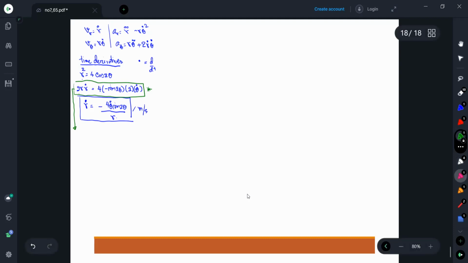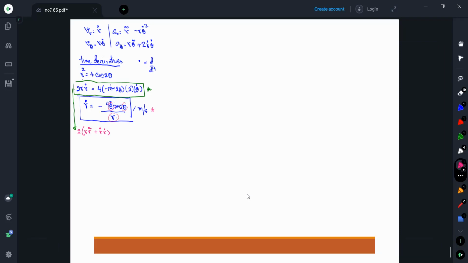We got 2 r double dot plus r dot. You may take the derivative of this term, that is up to you. It's all right, but you have to keep in mind that you have this term again.